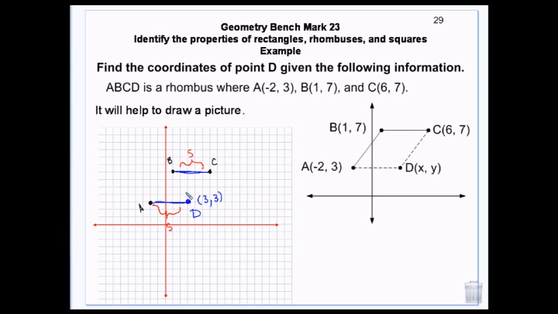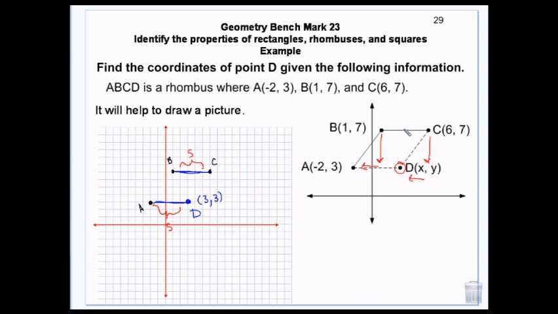Okay? If they had not been flat, hypothetically, I would do the same as I did with parallelograms. I would count how many spaces down and over, or up and over, whichever. Well, I would go down and over because I need to find this over here. So I'd go down however many, over however many, and then I would go the same distance this way, and I would find this point.